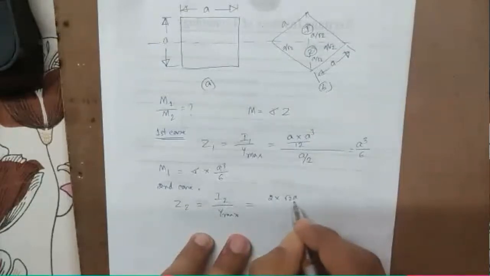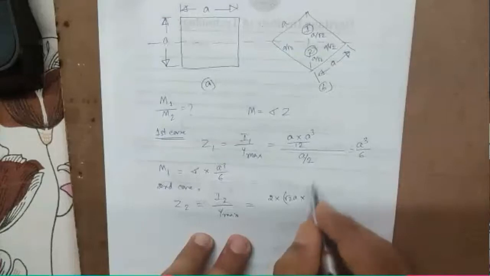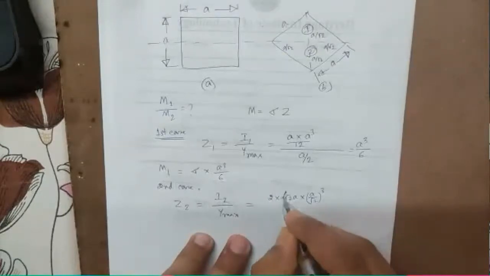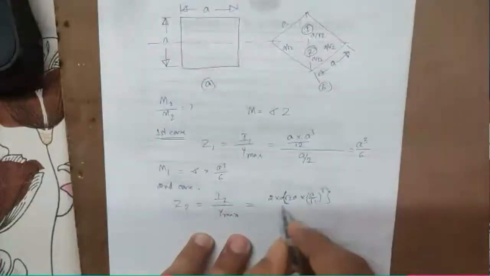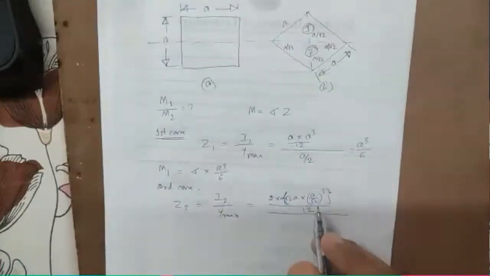This will be the base, into h cube by 12, where h is a by root 2.